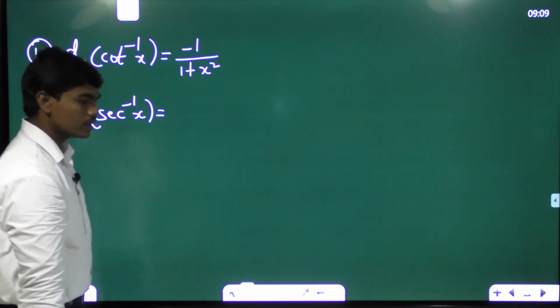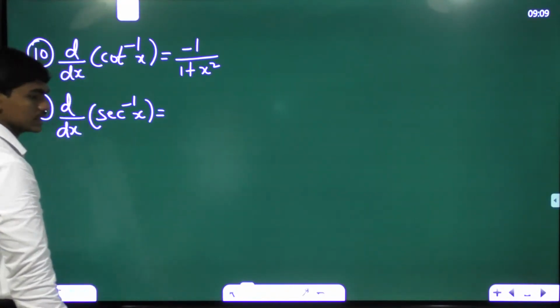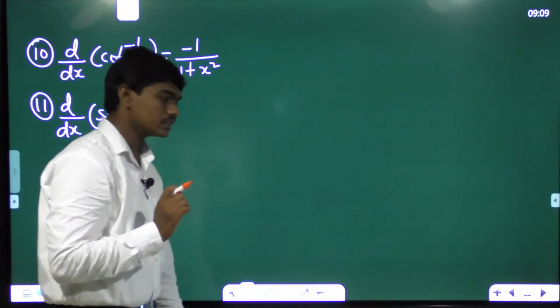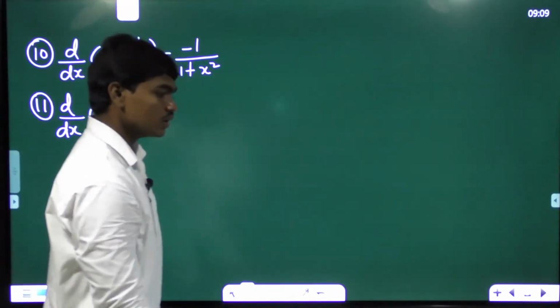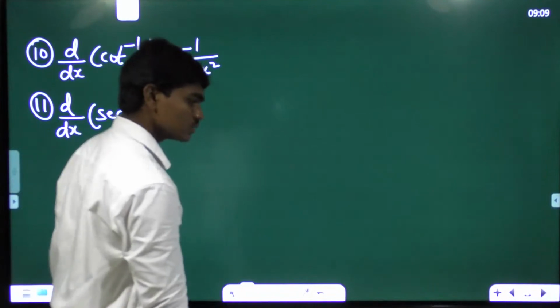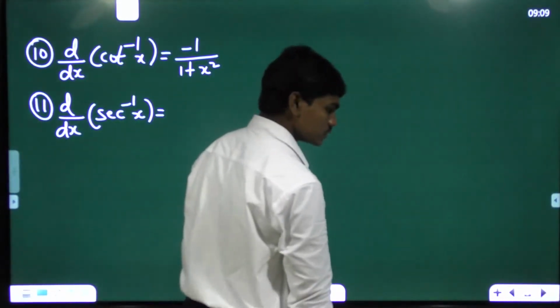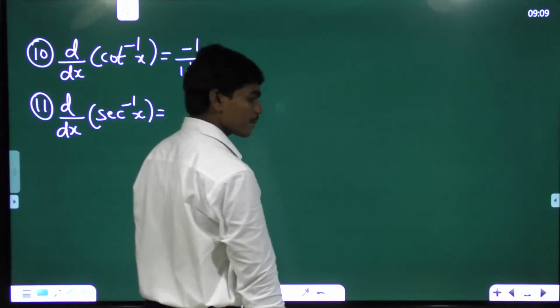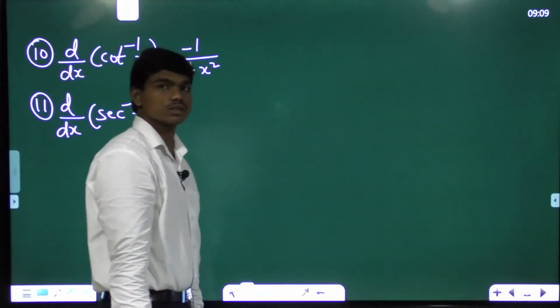So what if denominator gets infinity at x is equal to 0? If denominator gets infinity at x is equal to 0, slope is infinity. Slope is infinity means in general what's the case of that?